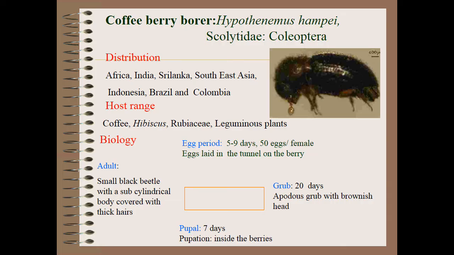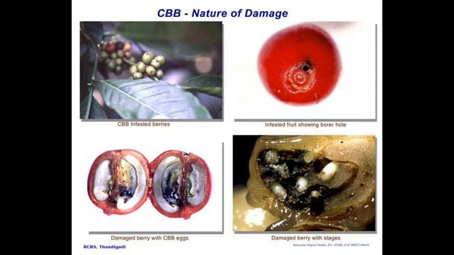And the coffee berry borer, Hypothenemus hampei, Scolytidae, Coleoptera. Here the egg period is about 5 to 9 days. The female can lay 50 eggs, laid in tunnels on the berries. It has an apodous grub with a brownish head. The pupal period is about 7 days.